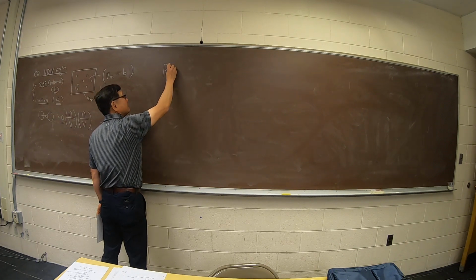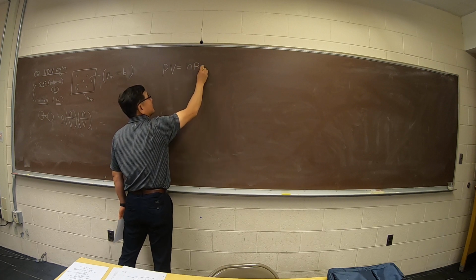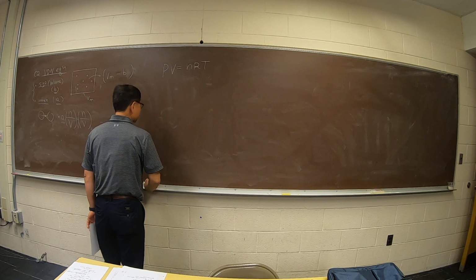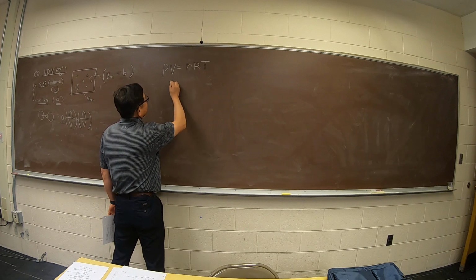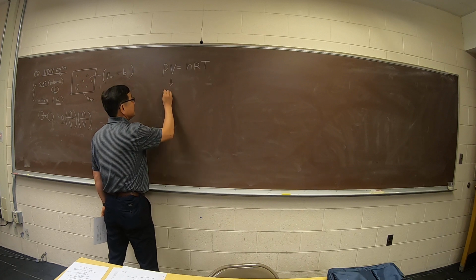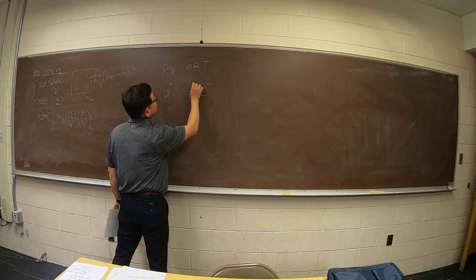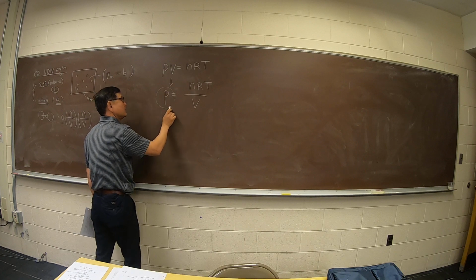So I'm going to write down PV equals nRT, and I'm going to change it so the pressure is nRT divided by volume. This is another way.